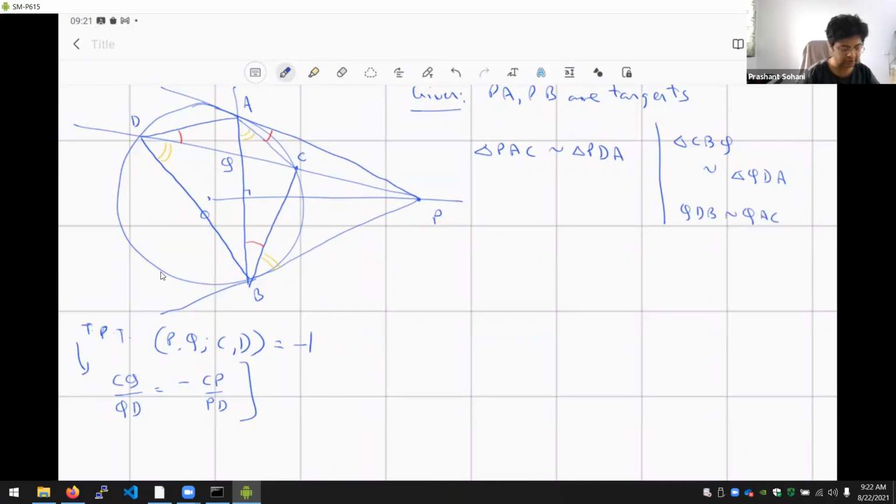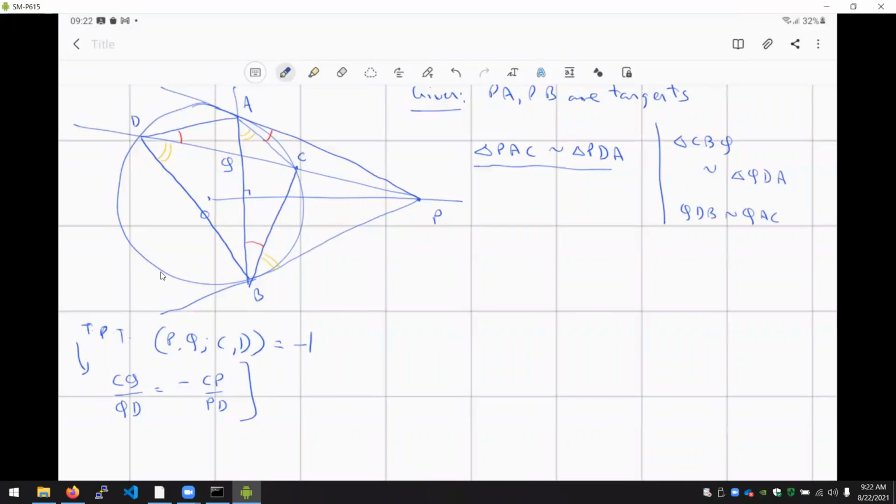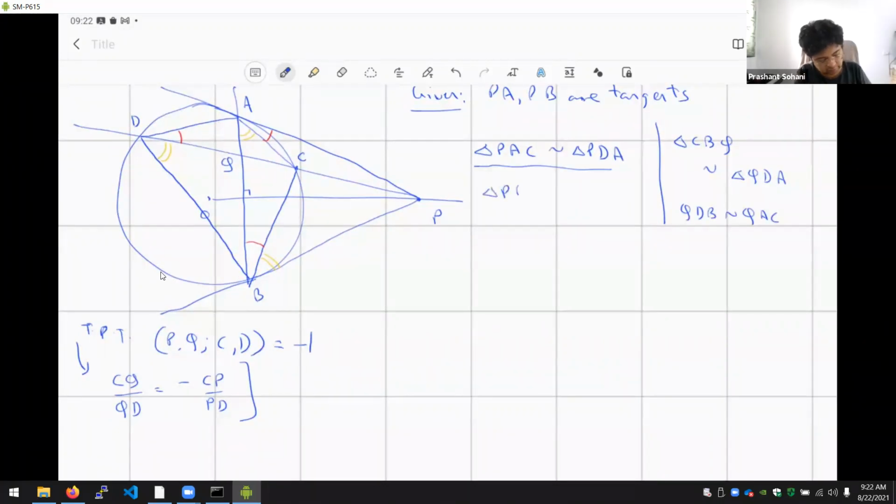So there are a lot of similarities here, but we have to be careful in picking which of the triangles will give us something useful. For example, PBC is similar to PDB, correct? So out of all of these triangles, which one should be used?